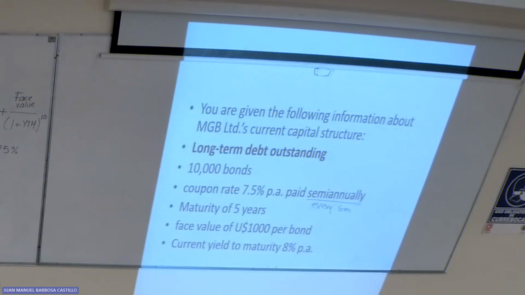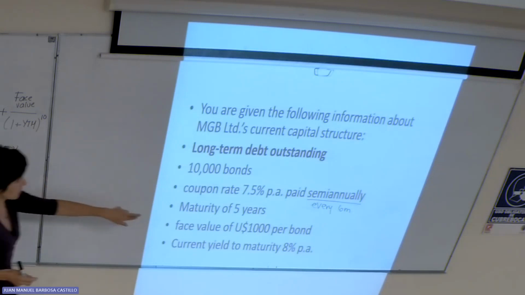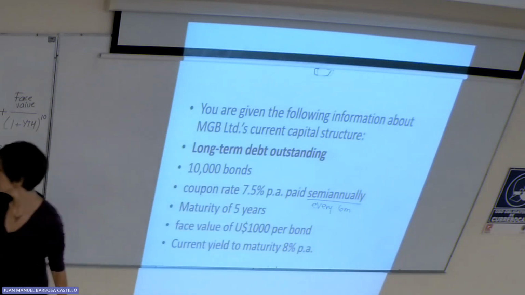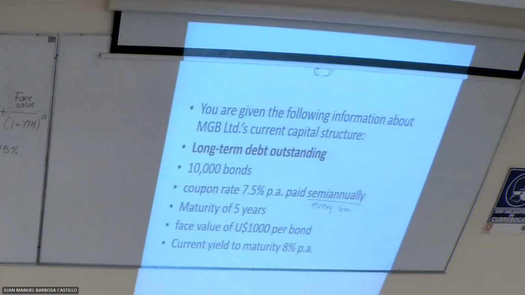So in fact, this 10 refers to semesters, not years, right? Why? Because the maturity is 5 years, so 10 semesters. Do we agree? Yes. So the price of the bond is how much? Bond price.